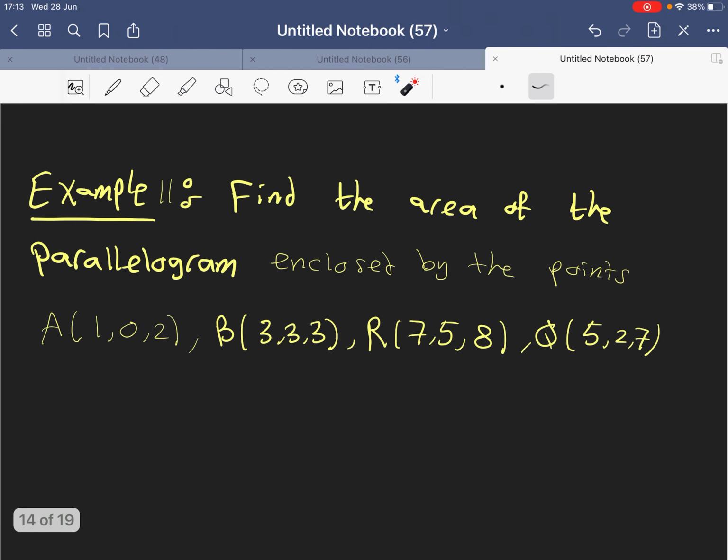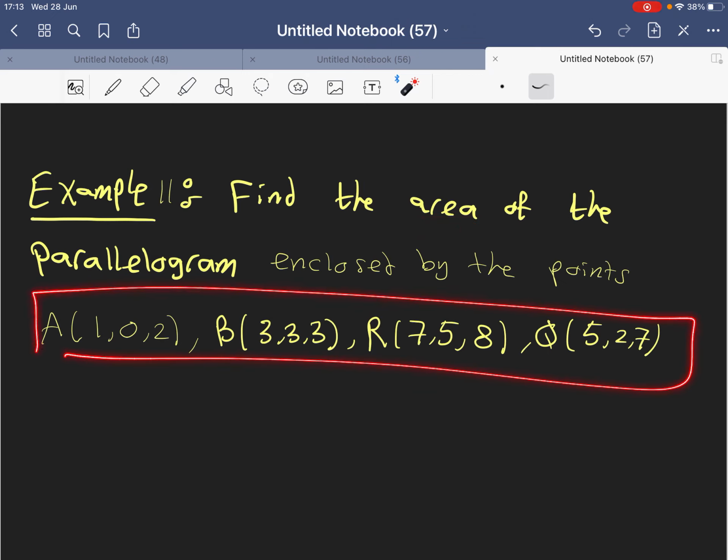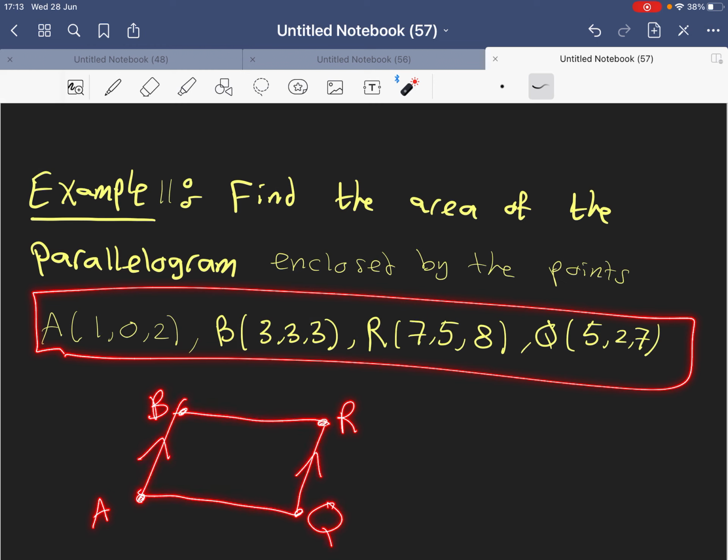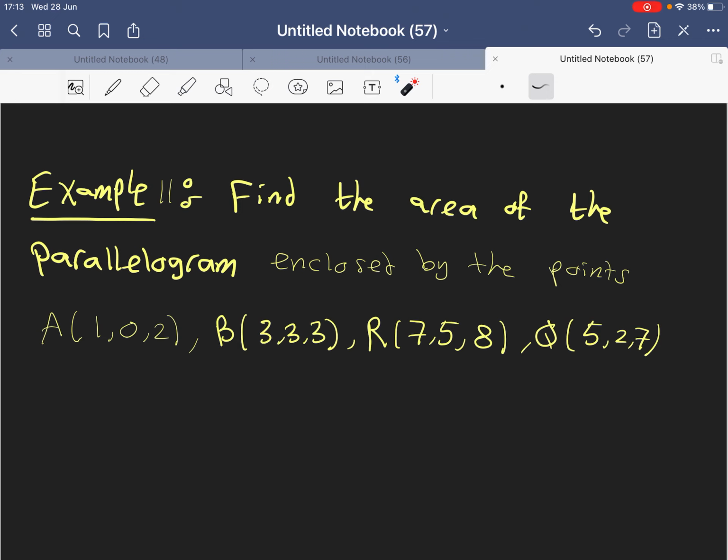In this example, we want to find the area of the parallelogram enclosed by those 4 points. So those 4 points, A, B, R, and Q, will give me a parallelogram. Means this side is parallel to this side, and this side should be parallel to this side. And we need to find the area of the parallelogram.